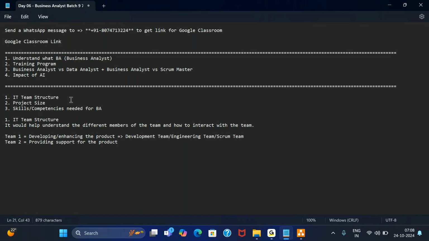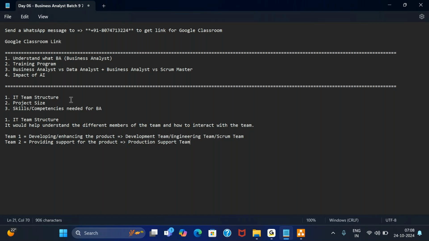The second type of team, which is responsible for providing support, you will often hear called the production support team.